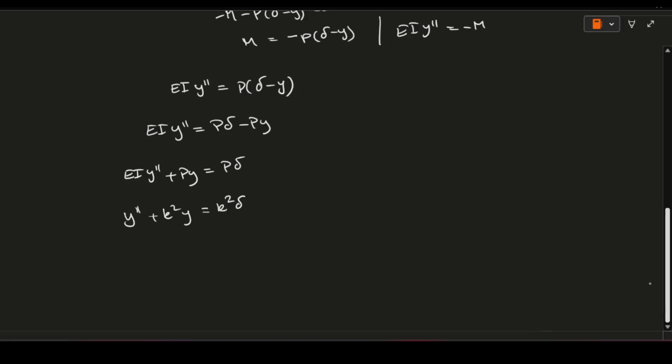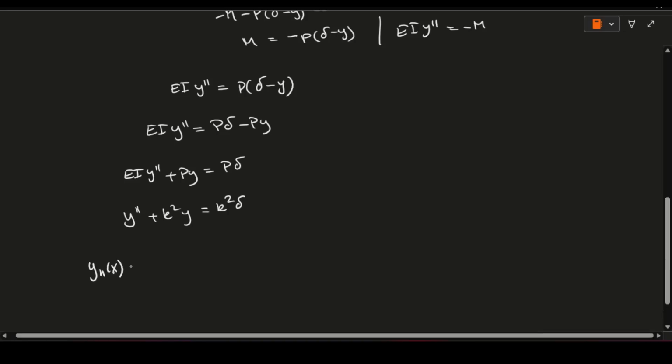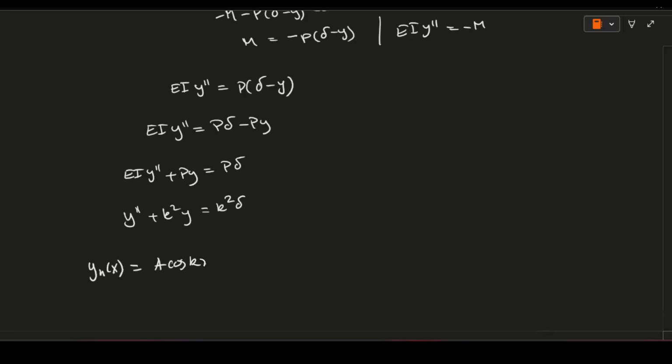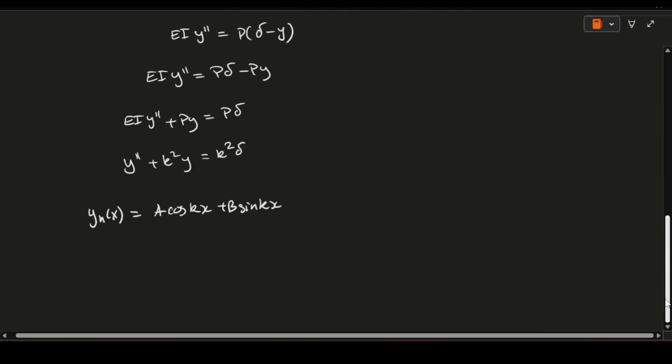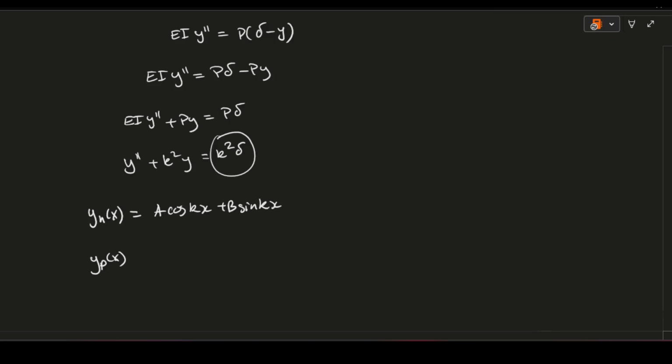Now we have a second order non-homogeneous differential equation where yh of x is equal to A cosine kx plus B sine kx. And yp of x, well, the right hand side there is just a constant term.